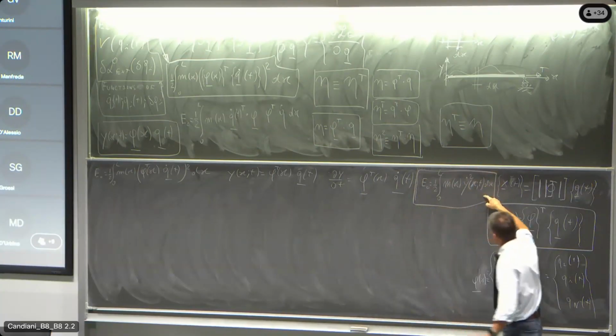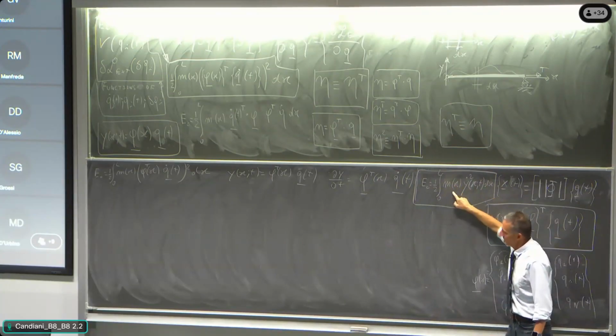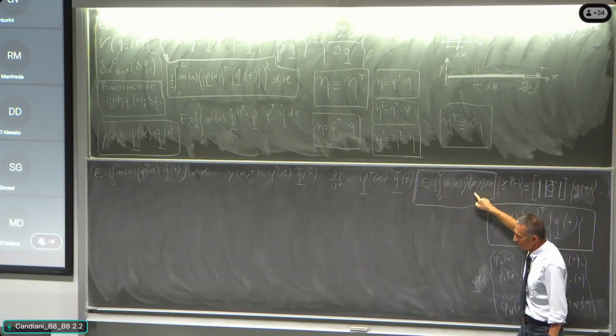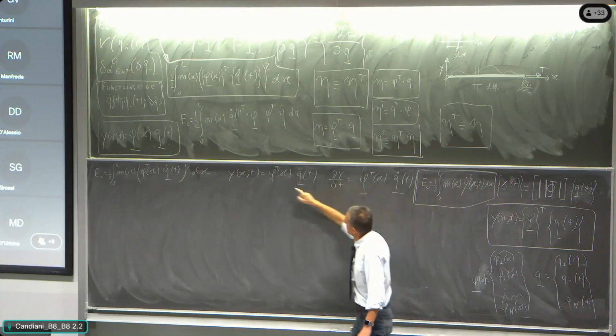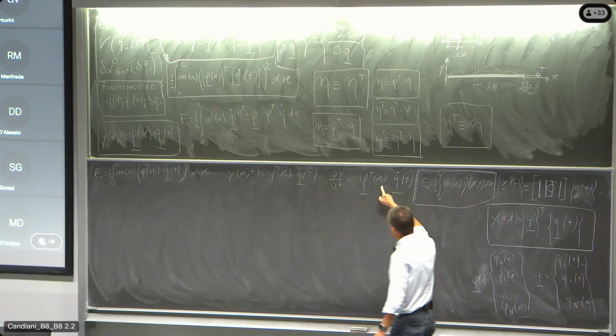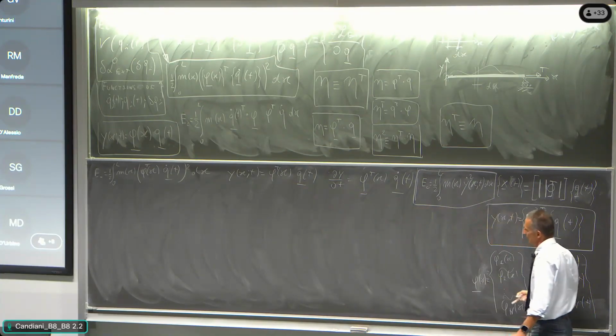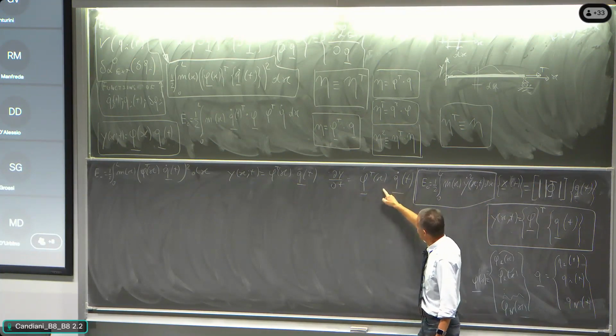So the kinetic energy is the integral from 0 to L of 1/2 the mass distribution times the square of y dot. Y is written as phi transposed times q, the transformation to principal coordinates. The partial derivative of y with respect to time is phi transposed times q dot.